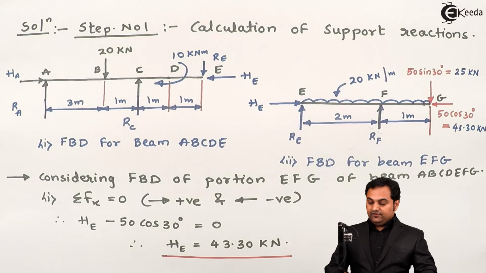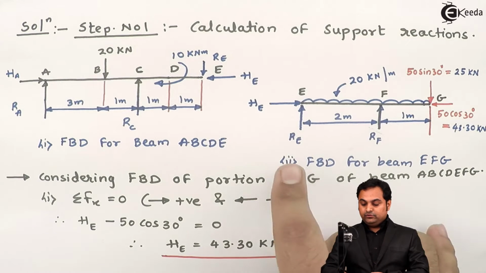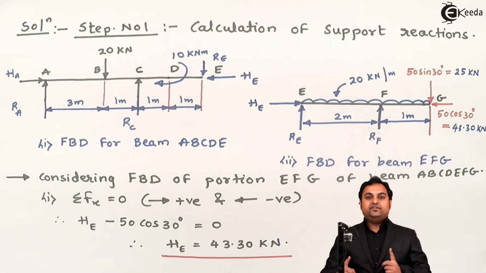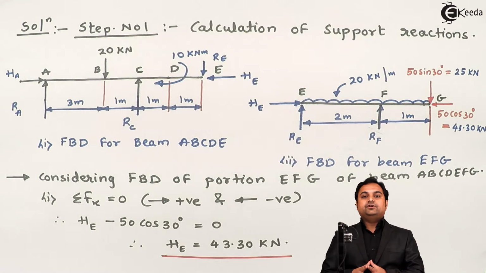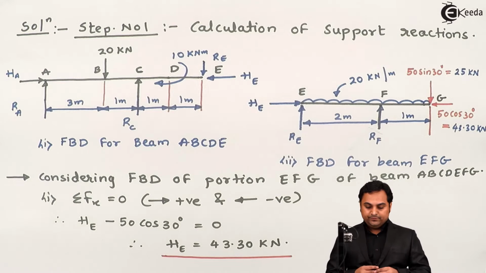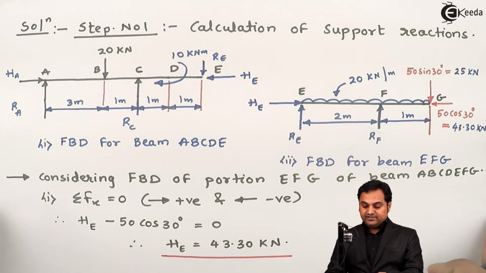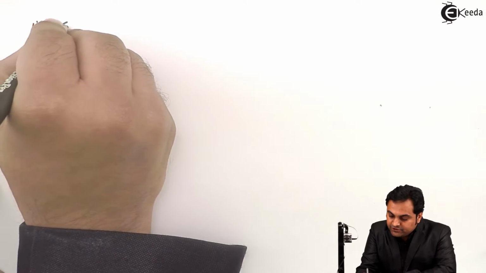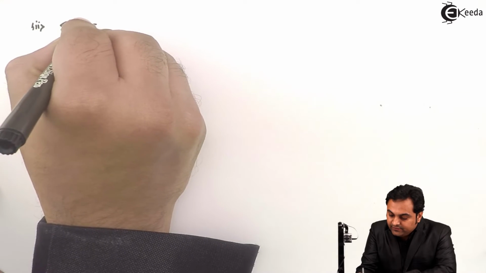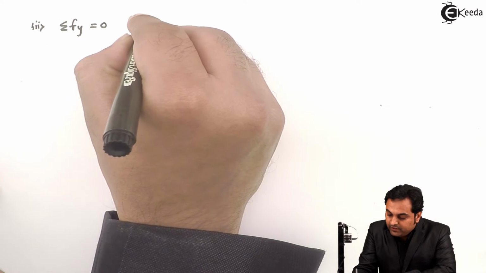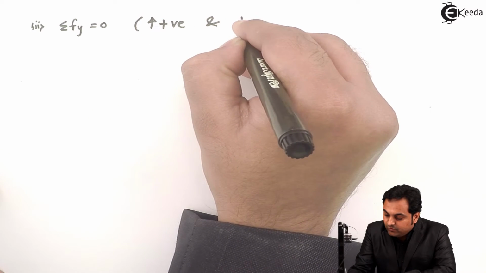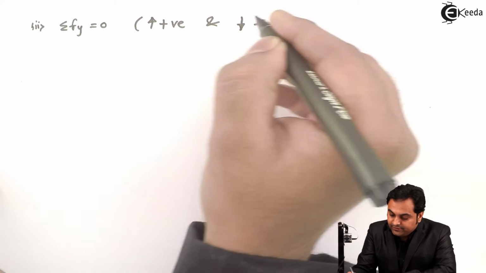Next, I need to find the values of RE and RF. As both are vertical, I'll use the second condition of equilibrium, summation of Fy is equal to 0, where upward forces are treated positive and downward forces are negative.